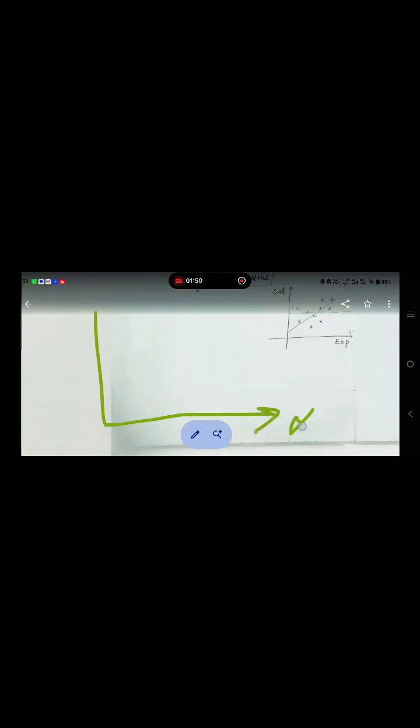This is the x-axis, the independent variable, and this is the y-axis, the dependent variable. Our independent variable on the x-axis is the experience of an employee and the dependent variable on the y-axis is salary.